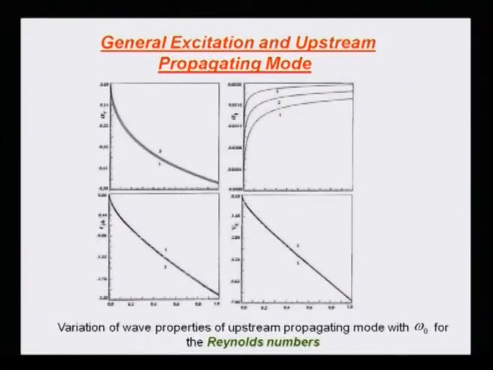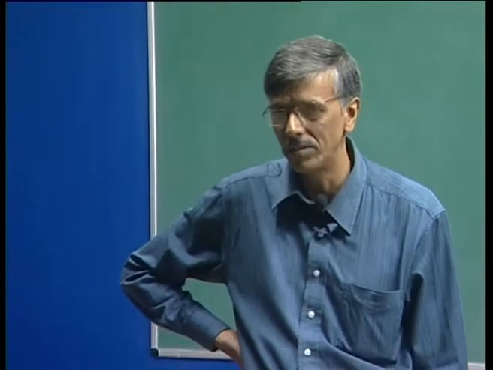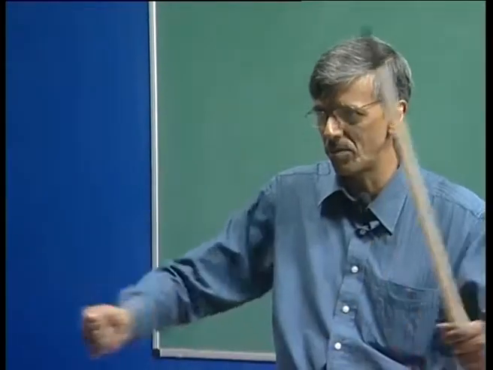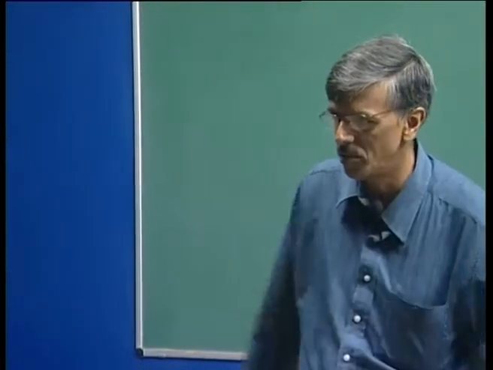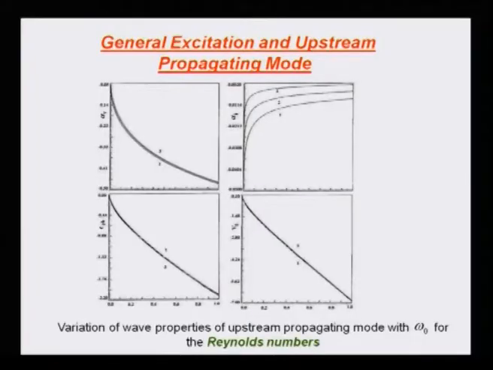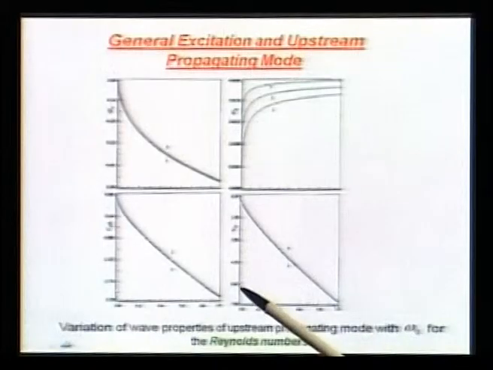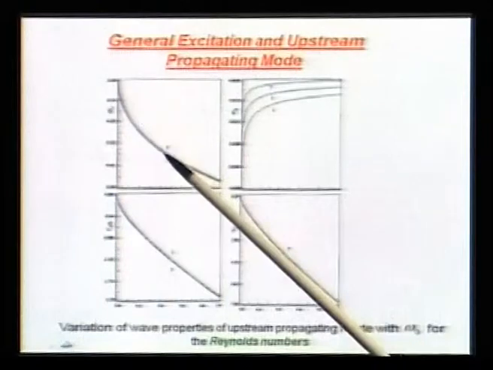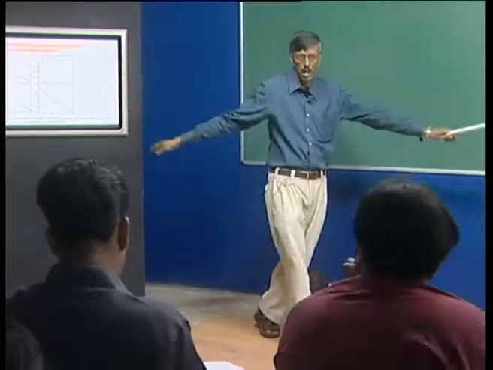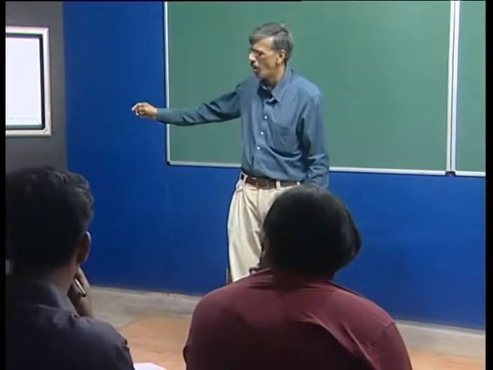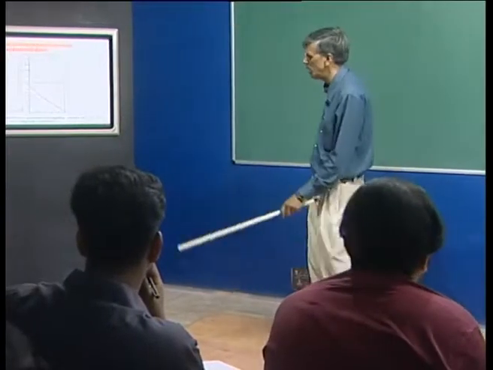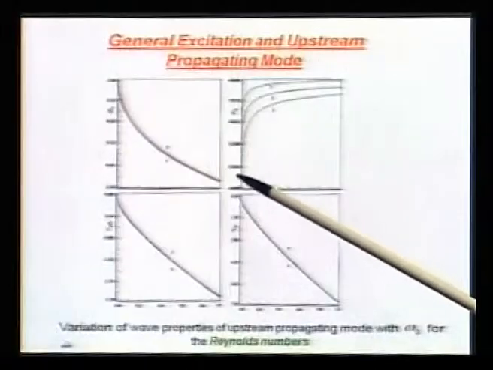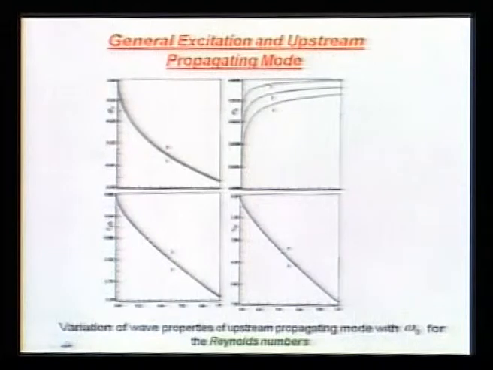What does a decrease mean? You are going to create waves of larger and larger wavelength. This is the property of your upstream propagating mode. We have plotted up to omega naught equal to 1, and it affects the boundary layer almost similarly. Only the wavelength of those disturbances keeps increasing.